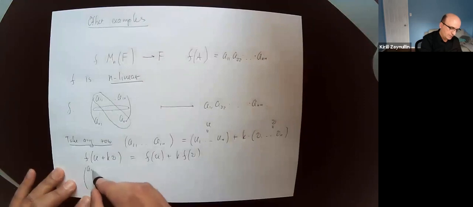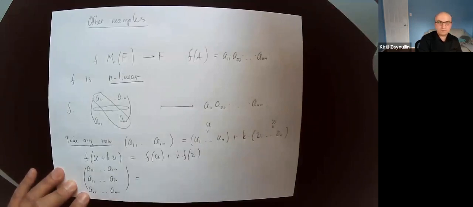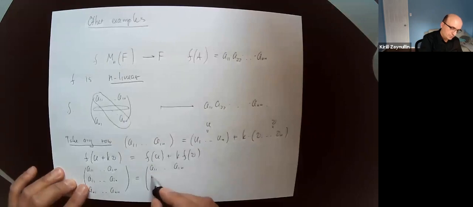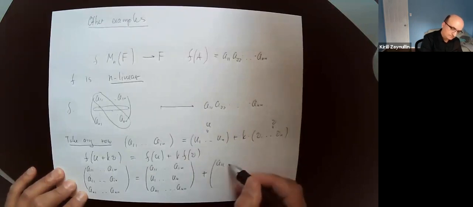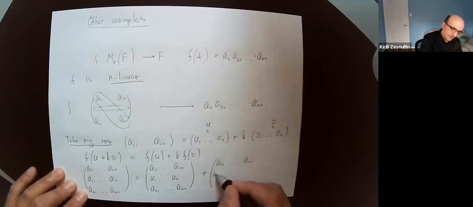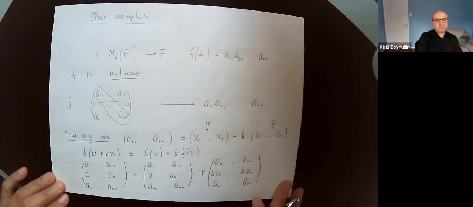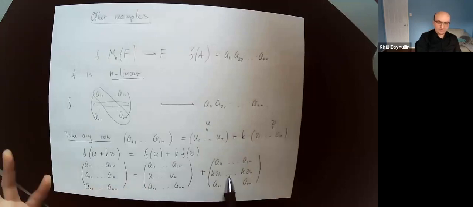We have this matrix A11, A1n, the ith row Ai1, ..., Ain, An1, Ann, and then we can expand it like this: A11, A1n, and instead of the ith row we put u1, ..., un, An1, Ann, plus k times this, so we write A11, A1n, then kv1, ..., kvn, An1, Ann. So we just expanded the ith row into a sum. That's a true operation, just a sum of two matrices like this.